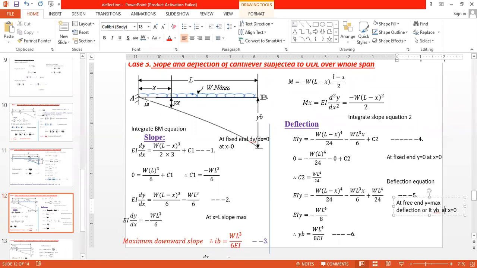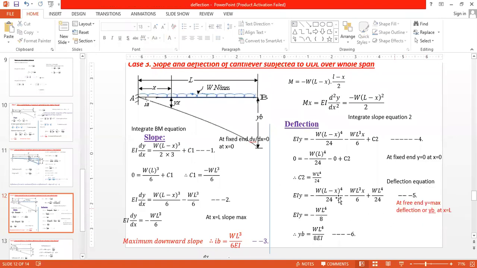This is at x is equal to L, where y is equal to y max, or yB, and you will get that value at x is equal to L.